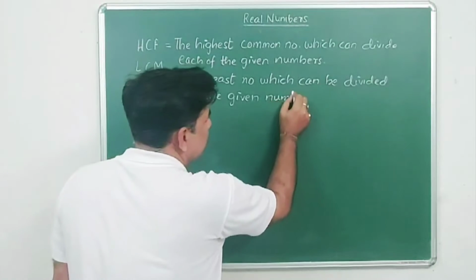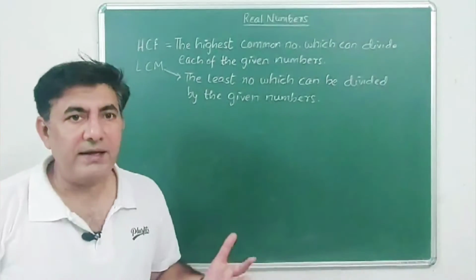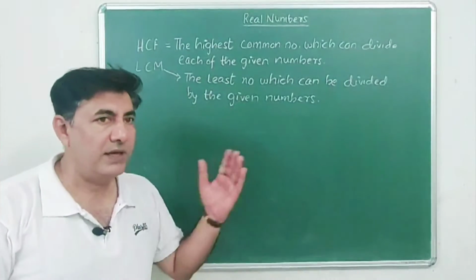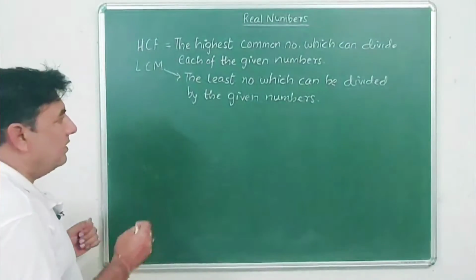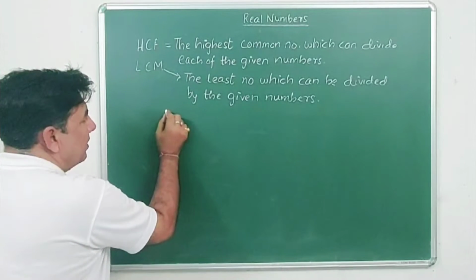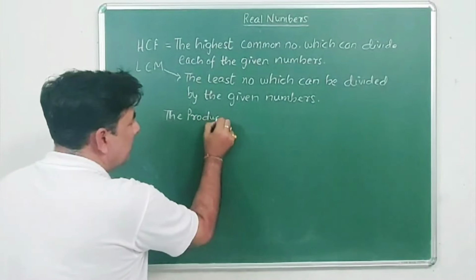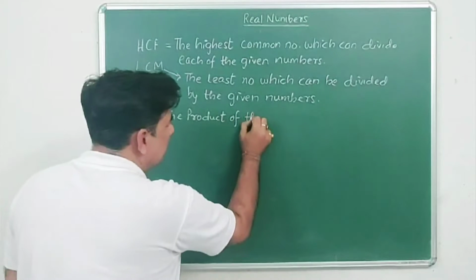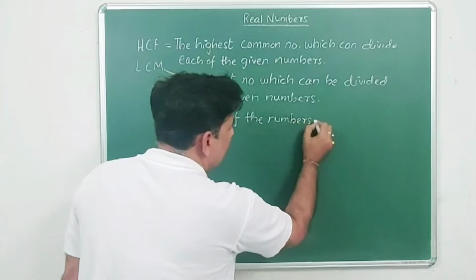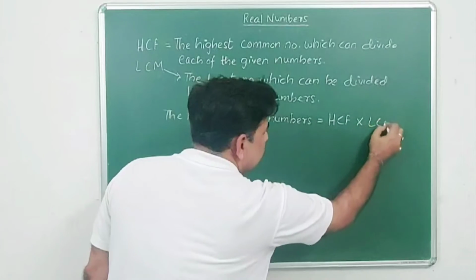There are a few definitions of LCM and HCF. Now let's see practically with numbers what the relation between HCF and LCM is, right? According to the fundamental theorem of arithmetic, this is the relation: the product of the numbers is equal to the product of their HCF and LCM.